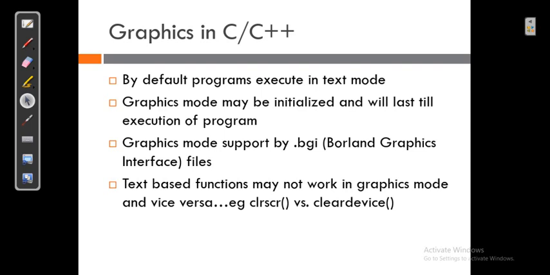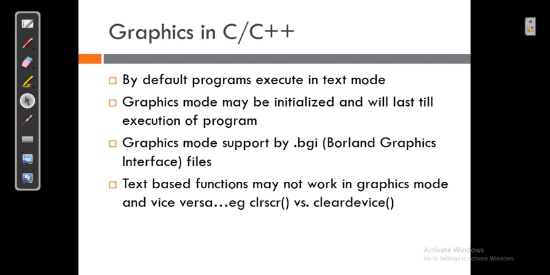These are the specific files which have been designed for enabling the functioning of inbuilt functions of C++ related to computer graphics. Once you enter into the graphics mode during your execution of C++, all the functions that are related to the screen or console will not work, and you will have to choose the graphics related functions for that particular screen.